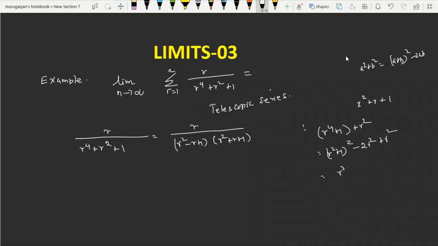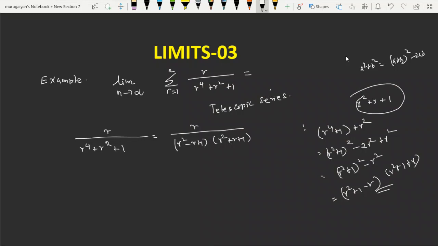Now we can factorize in a square minus b square form: r square plus 1 minus r one factor, r square plus 1 plus r other factor. This is the method of factorizing r power 4 plus r square plus 1. Following the same way, we can try to factorize x square plus x plus 1 also.